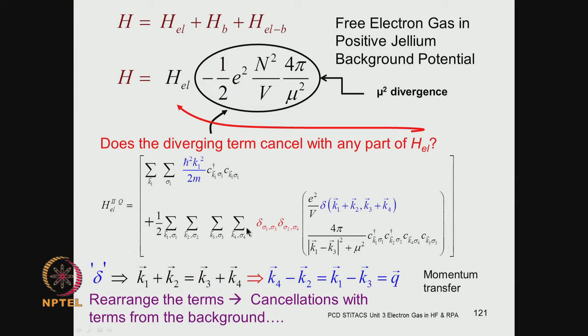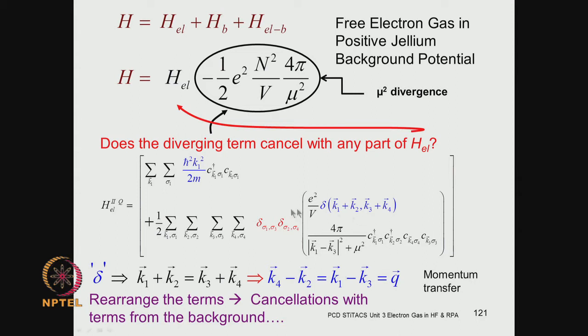Now we have to remember that in the electronic Hamiltonian there is a Kronecker delta over here. So that is going to put some constraint. There are 4 momentum indices, k1, k2, k3 and k4, but all of them are not independent because k1 plus k2 must be equal to k3 plus k4. So there is one constraint, and that will reduce the number of momentum variables that we have to work with.